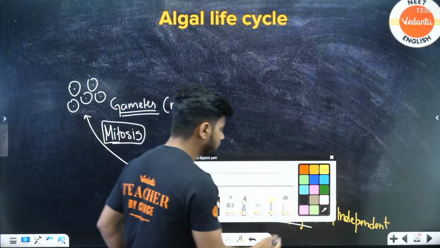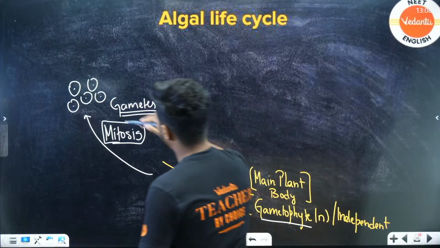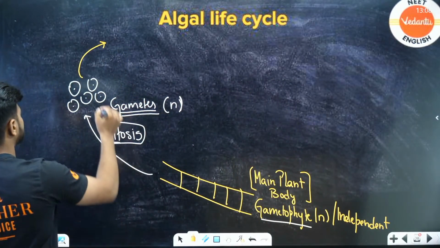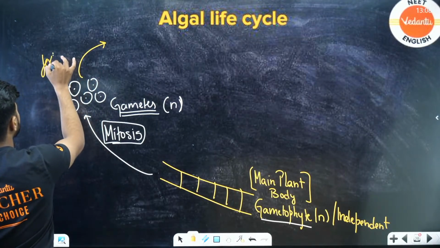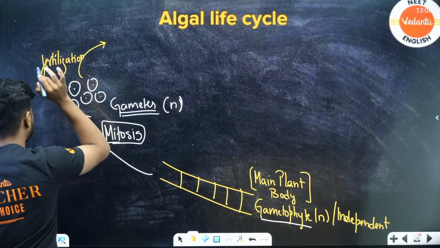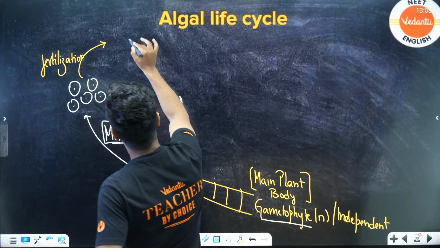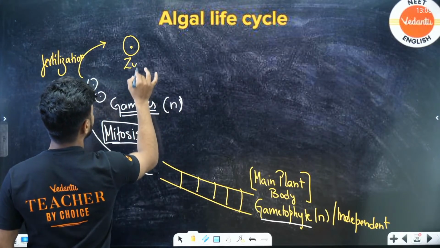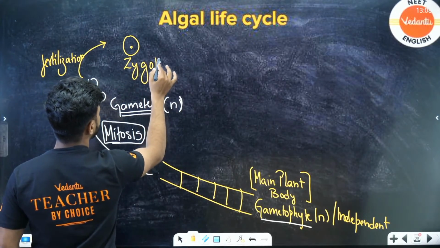Now further, these gametes will fuse. So can I tell fertilization? Yes, fertilization. When these gametes fuse together, they produce a structure called your zygote.